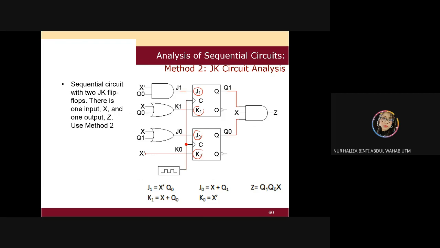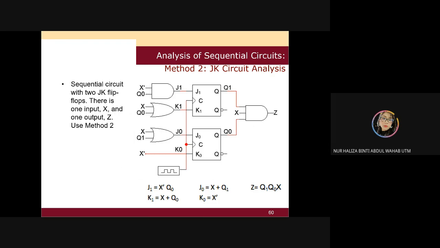Last time we only had the outputs Q1, Q0, but for this we have the output Z. That's why we need to come out with the equation for it also. But it's okay, we go slowly.